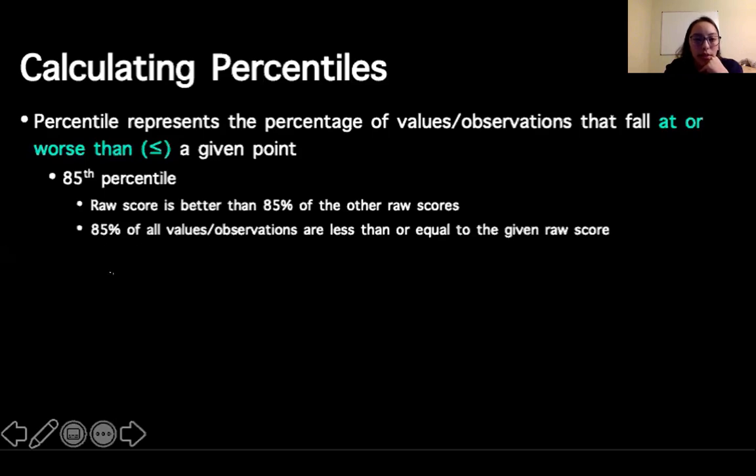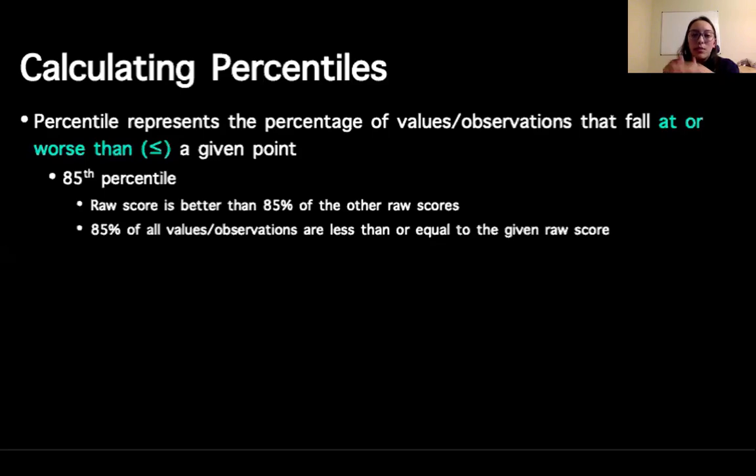Or you could reword it and say 85% of the values or observations are less than or equal to whatever the given raw score is. So that's if you're at a percentile, kind of inclusive in terms of less than or equal to, or worse than or equal to.